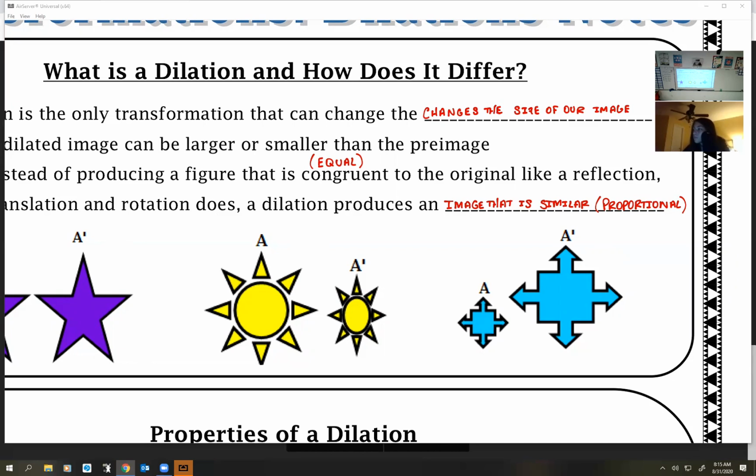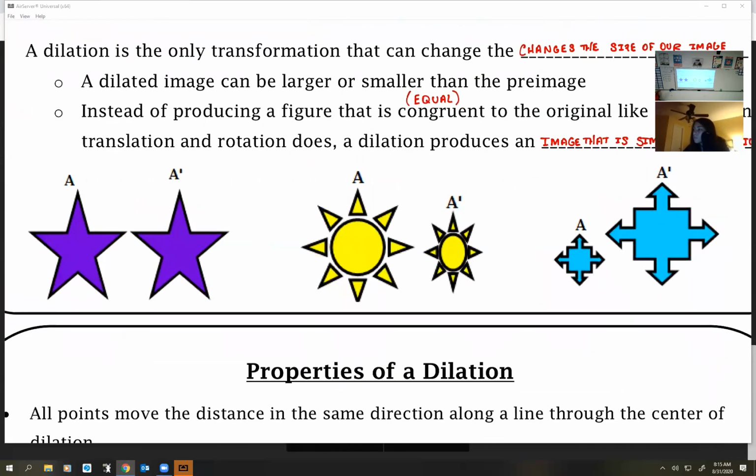So in our three examples, you got the purple star. What do you think? They are similar. You are not wrong, but they're even more what? Congruent. So these guys are congruent. So it's probably one of the first three. Looking at our yellow sun, did our image get smaller or larger?